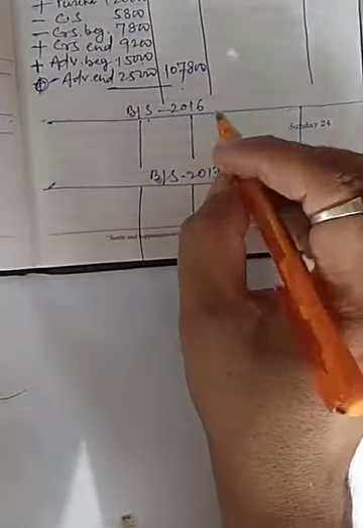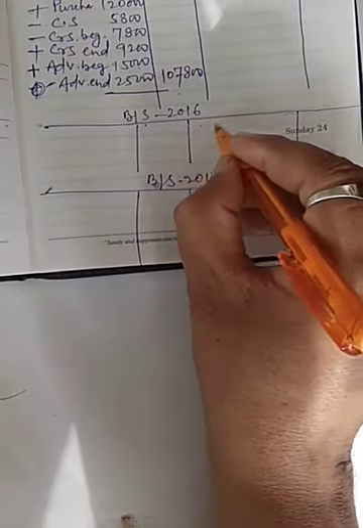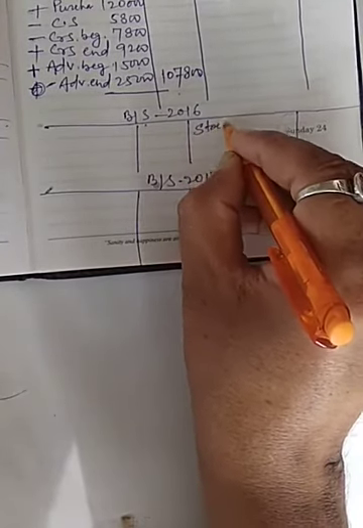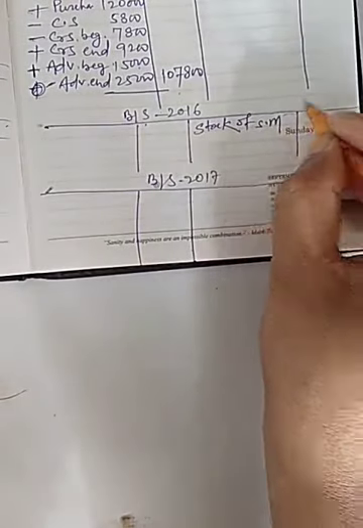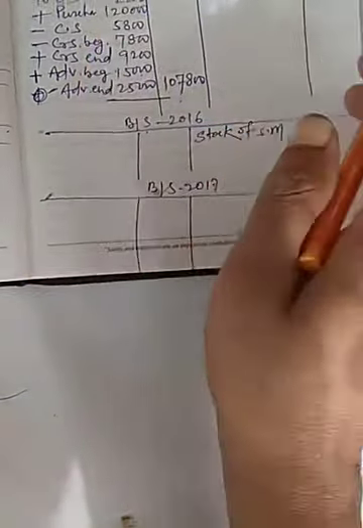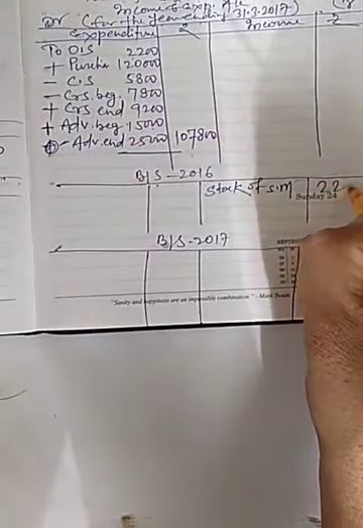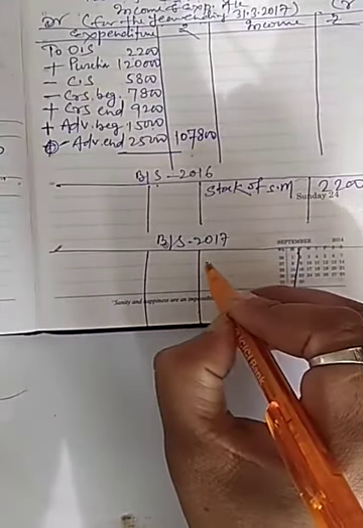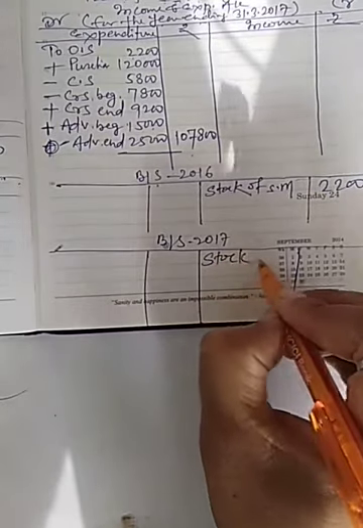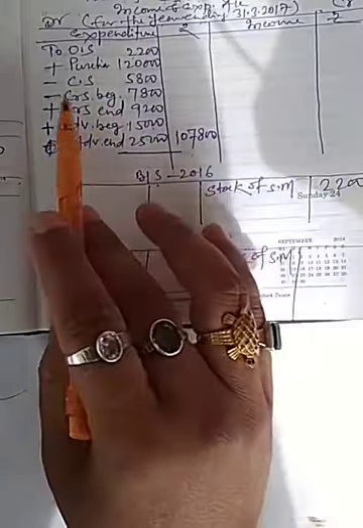Now I will also put in the balance sheet the stock, the opening stock of sport material. It is given as 2,200. So I will add 2,200 as stock of sport material, and the closing stock 5,800.